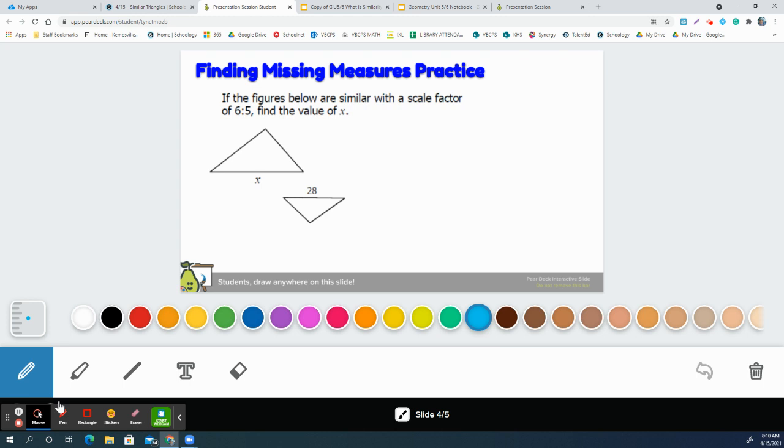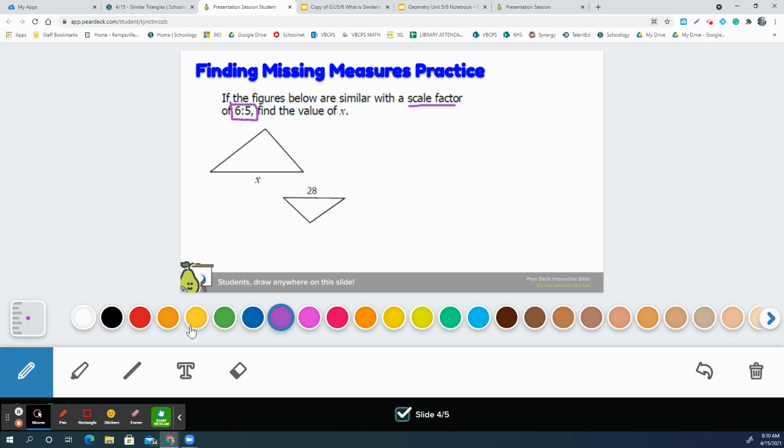All right, this one's a little different. What do I do now? How do I use that scale factor? Think it through with all the same stuff.